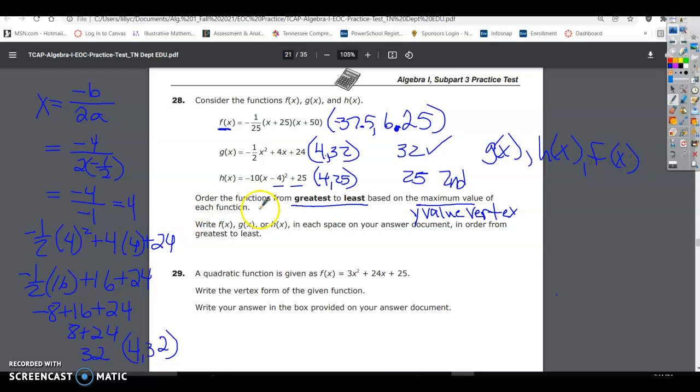So we had to first find these maximum values, and then we order them first, second, and third based on biggest to least. So you would have to put it in the answer box as g of x, h of x, and f of x in that order to get the correct answer.